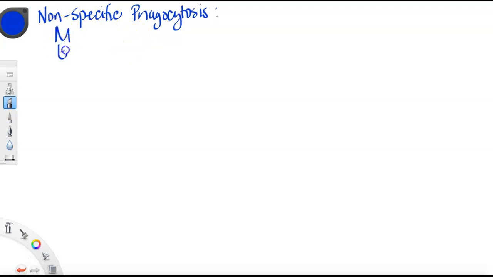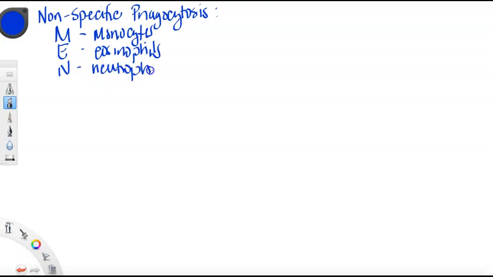And these are what we call the men. So monocytes, eosinophils, and neutrophils. So they're phagocytes, so they eat things.